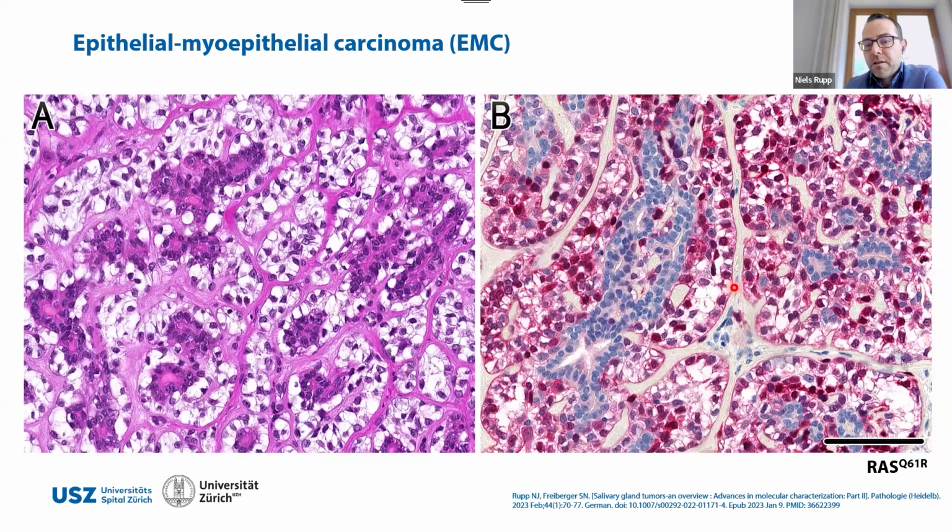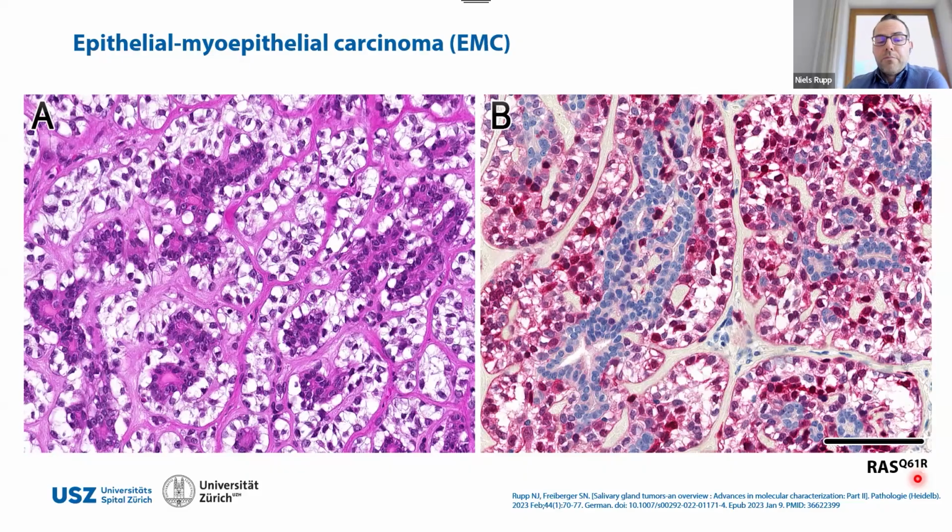Here's the typical pattern of morphology of the RAS Q61R antibody. This is a mutation-specific antibody. However, it's not HRAS specific. It can also detect NRAS because the sequence in this area is the same. So if this antibody is positive, this points to a RAS Q61R mutation, and this could be either HRAS or NRAS.